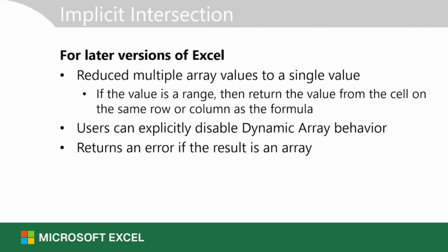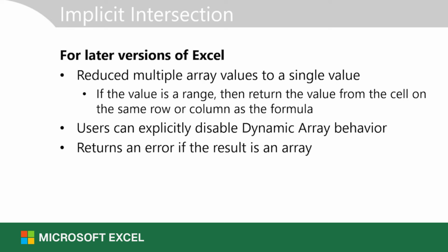However, with the latest Excel for Microsoft 365 versions, this operator is used to reference values within a data range that are in the same row or column as the formula cell. In essence, it allows Excel users to explicitly disable the dynamic array behavior and return a single value. In case the resulting value is an array, this operator will return an error. Implicit intersection can also apply to user-defined functions, however that is out of scope for this course.